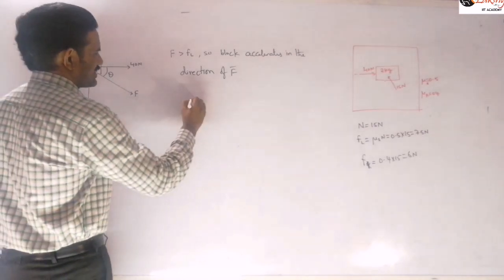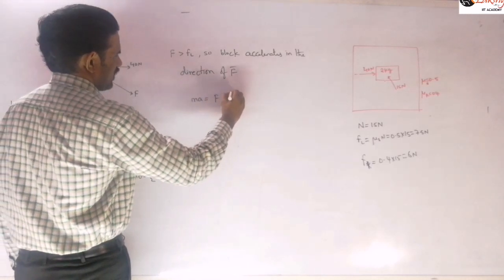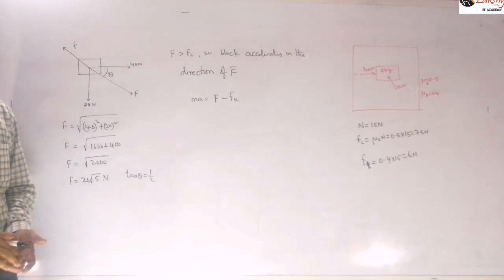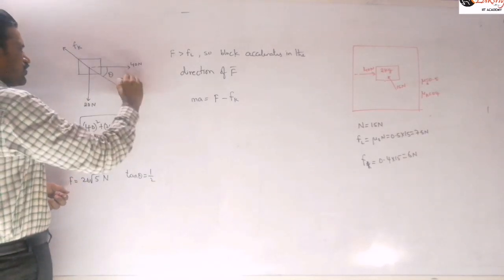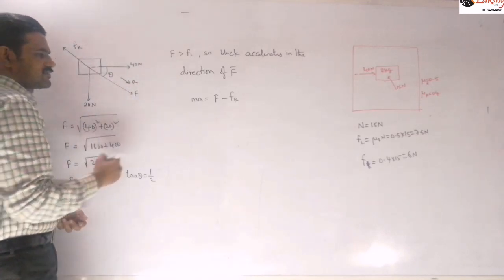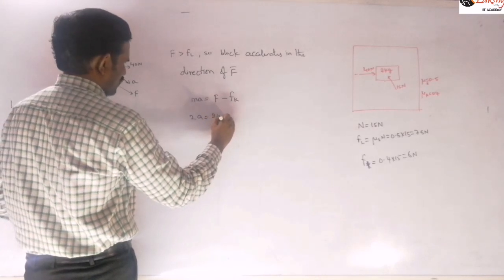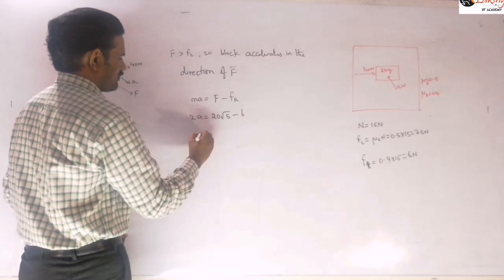And therefore for this acceleration, we can write the net force Ma is equal to F minus Fk, because we already decided that the system is accelerating. When the system is accelerating, the frictional force we need to take as kinetic friction here. So 2 into A is equal to 20 root 5 minus this Fk value, 6, which is given.